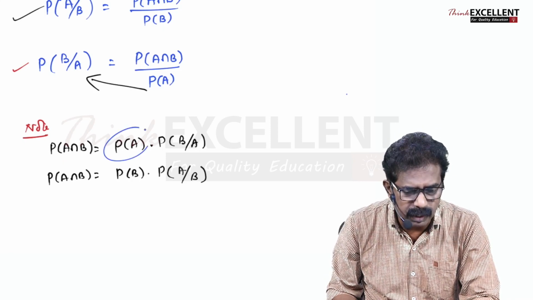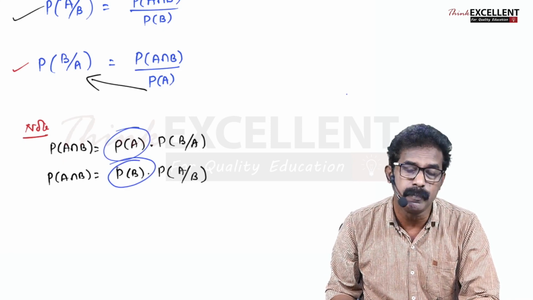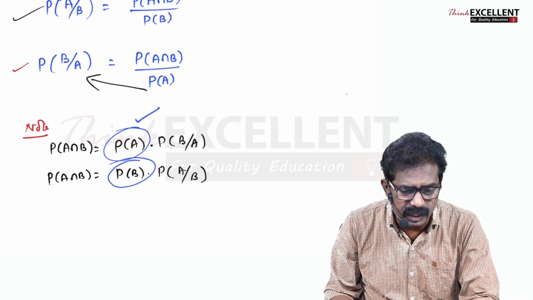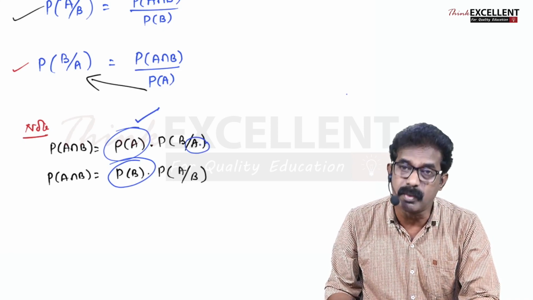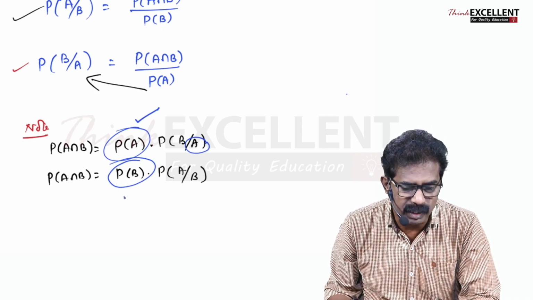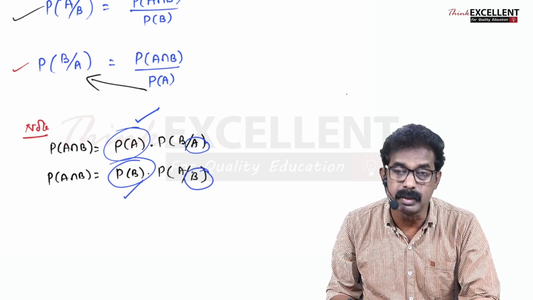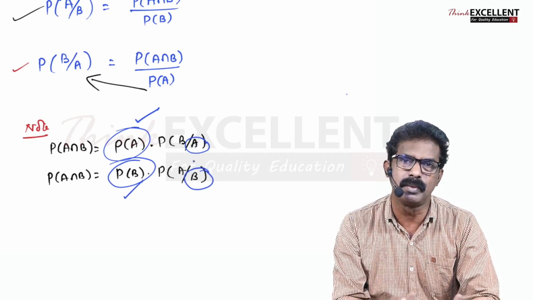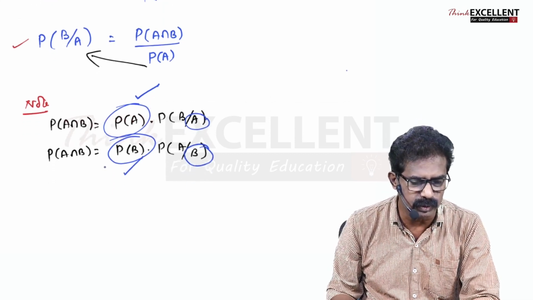You start with P of A or start with P of B. If you start with P of A, second time A goes to the denominator. If you start with P of B, then second time B goes to the denominator. Remember this, then it will be easy for you to do the sums.